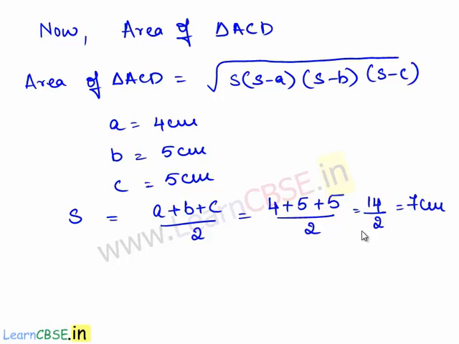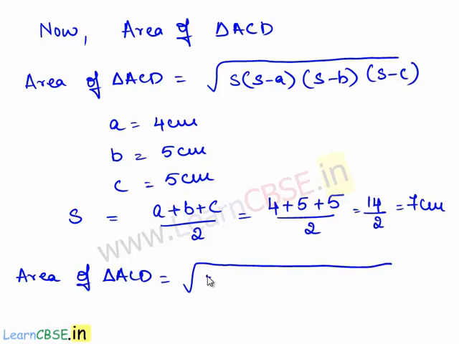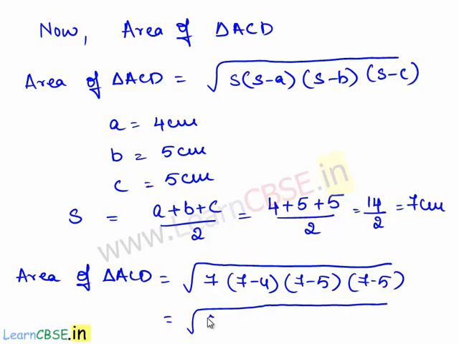Now let us substitute the value of s in the formula for the area of triangle ACD. So area of triangle ACD is equal to square root of 7 times (7 minus 4) times (7 minus 5) times (7 minus 5), which is equal to square root of 7 times 3 times 2 times 2.